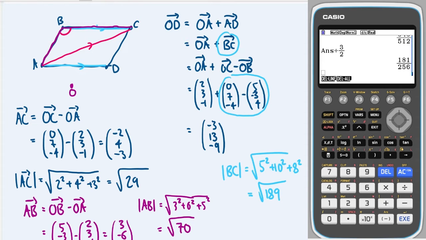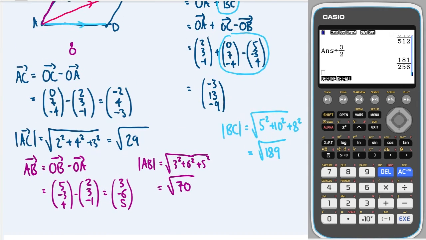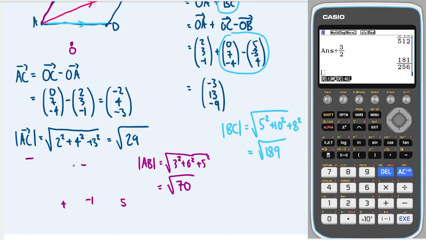Okay, right, finishing off, we just need to work out this angle in here. Let's call it theta. So we're going to use the cosine rule. I'll just grab some more space here. So that was AC.